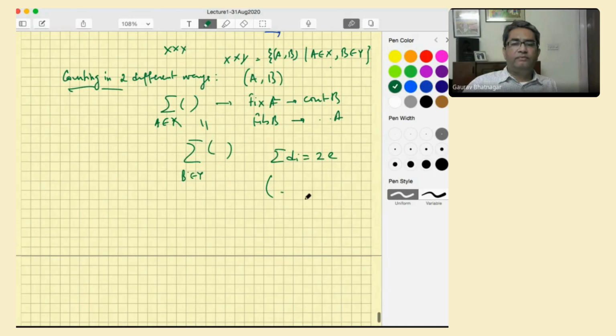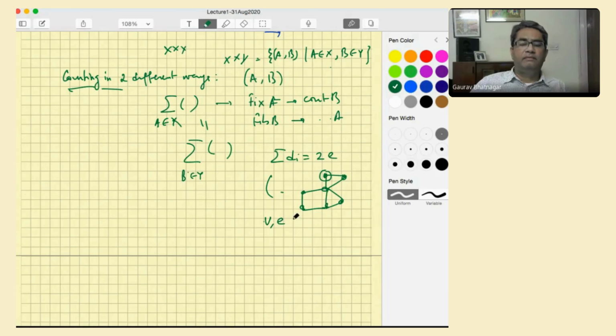If you're given a graph, you count pairs of vertex and edge in two different ways.